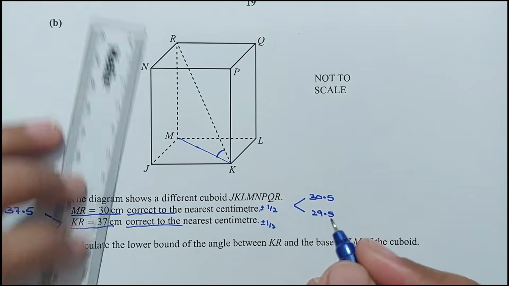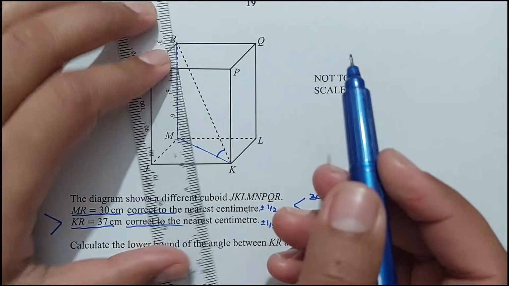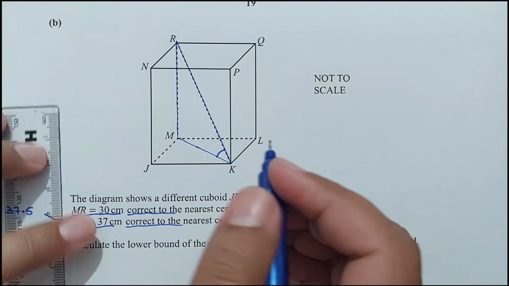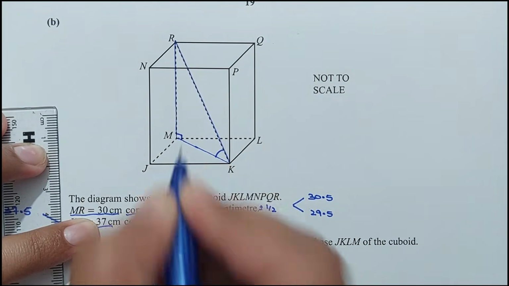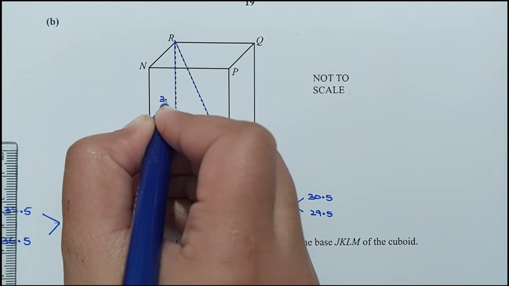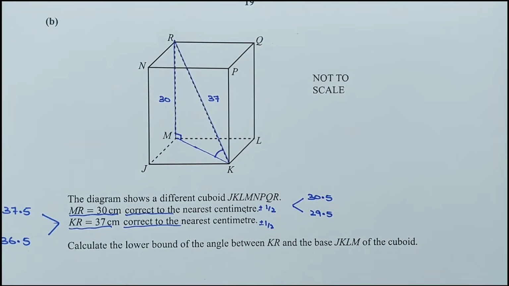If I consider the triangle KMR, this is a right angle triangle. We are given this is 30 centimeters, this is 37 centimeters. We have to solve for this angle. It's a right angle triangle, so we can use a trigonometric ratio.